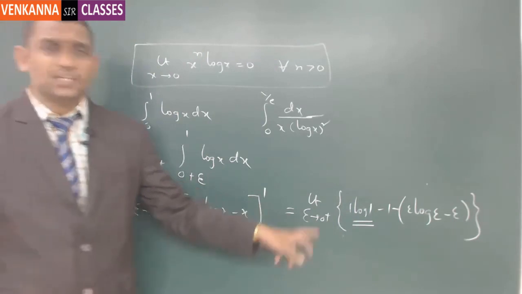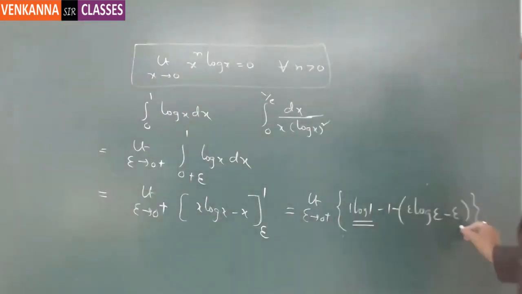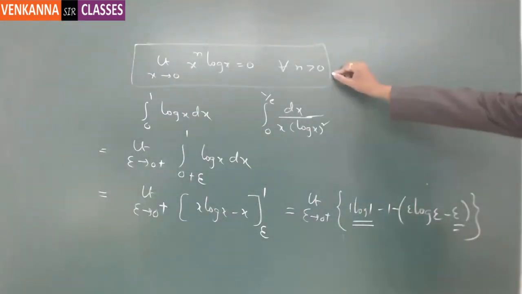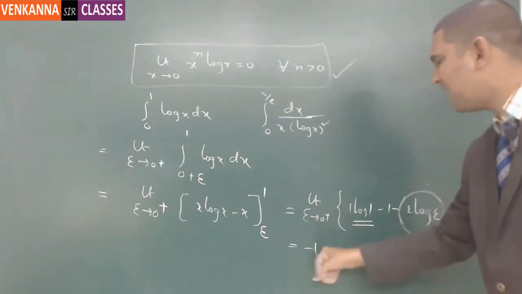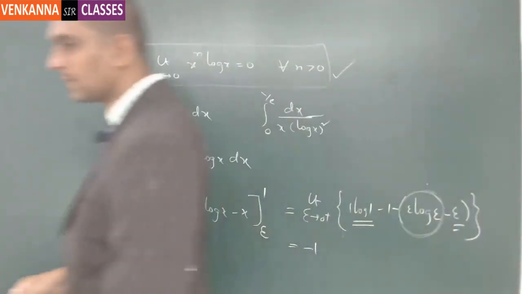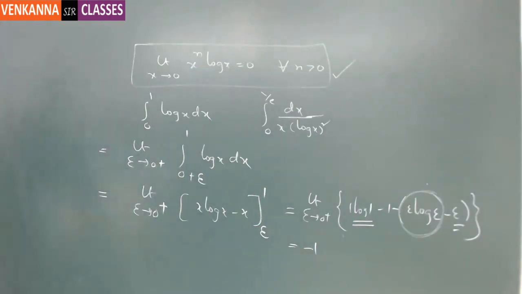Since limit epsilon tends to 0 plus, this value is also 0, and using this property, this value is 0. So the limit is nothing but minus 1. Since minus 1 is a finite value, the given integral is convergent. That was the solution.